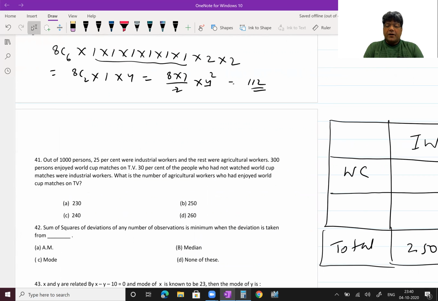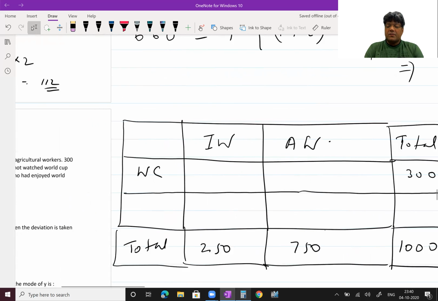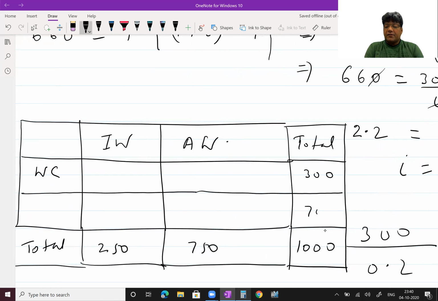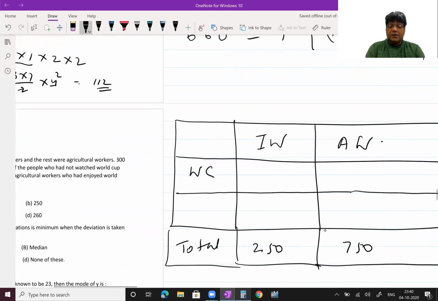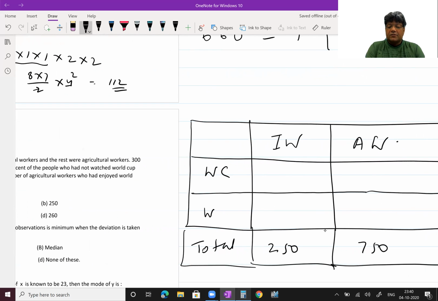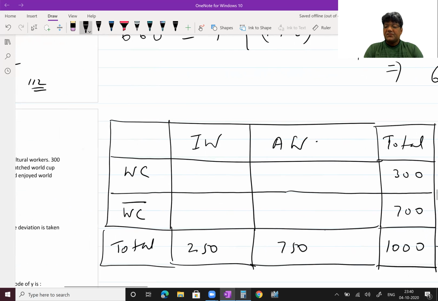30% of the people who had not watched World Cup matches were industrial workers. So guys, not enjoyed means 700. So this should be World Cup not enjoyed. I am writing here World Cup bar, which means the persons who have not enjoyed the World Cup, and that is 700.